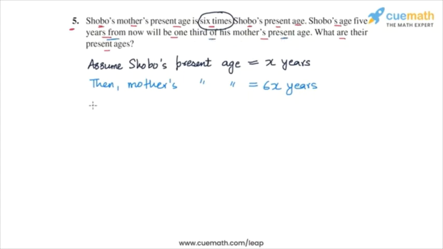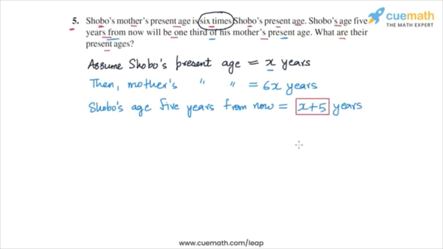So what will be Shobo's age 5 years from now? His present age is x, and then you add 5 years to that. So x plus 5 years.